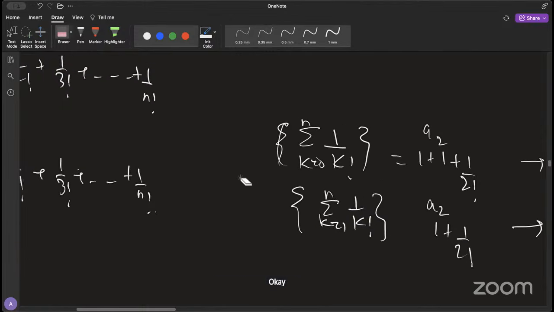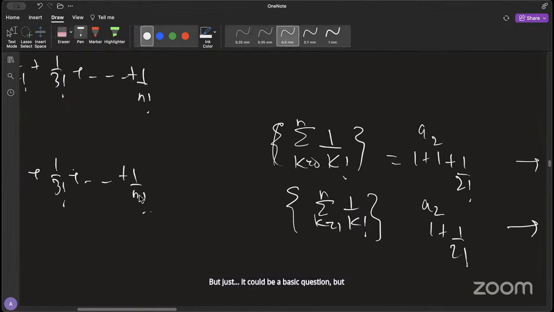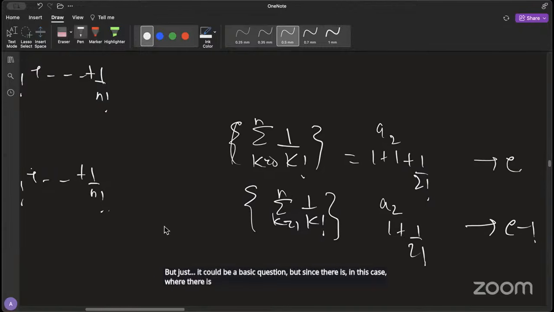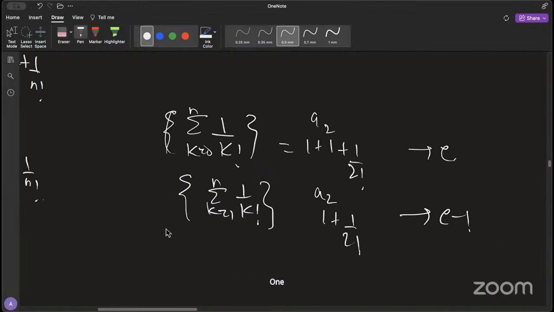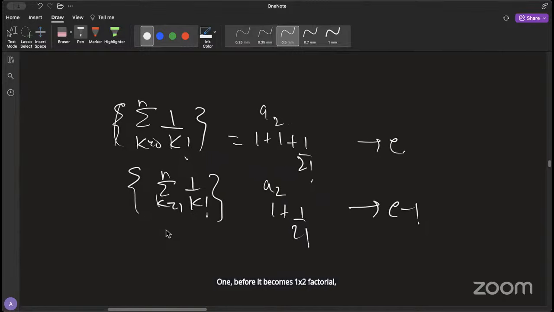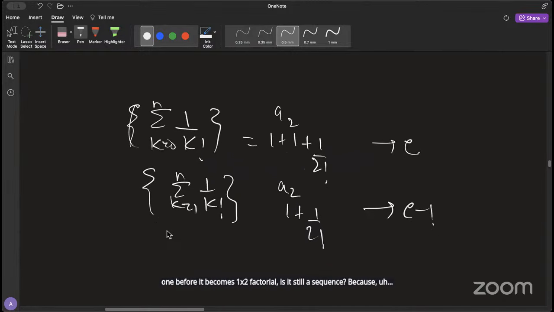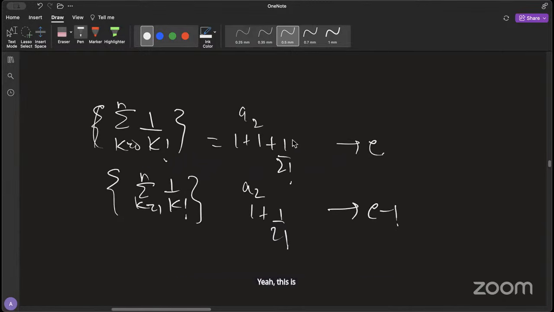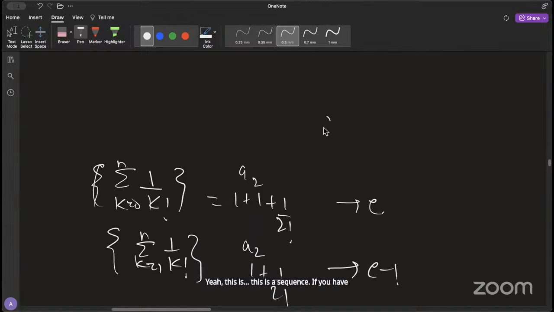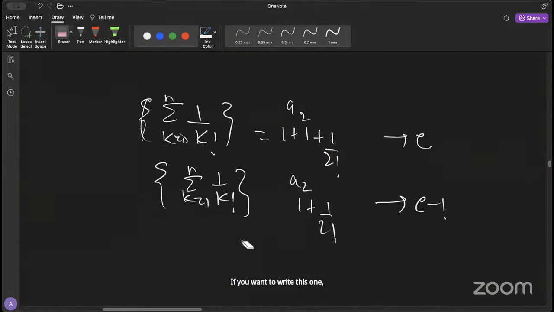It could be a basic question, but in this case there is 1 and then another 1 before it becomes 1 by 2 factorial. Is it still a sequence? Yeah, this is a sequence.